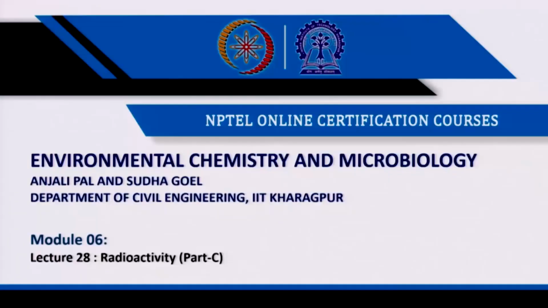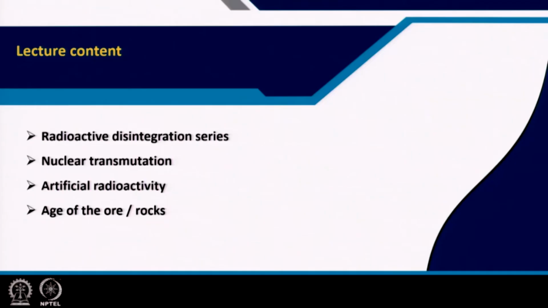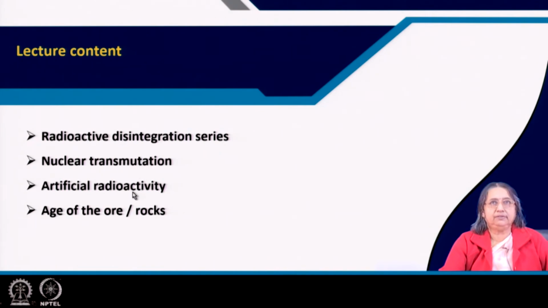In my previous two lectures, I have discussed the fundamentals of radioactivity, and in this lecture, I will cover the following topics: a radioactive disintegration series, nuclear transmutation, artificial radioactivity, and age of the ore or rocks.